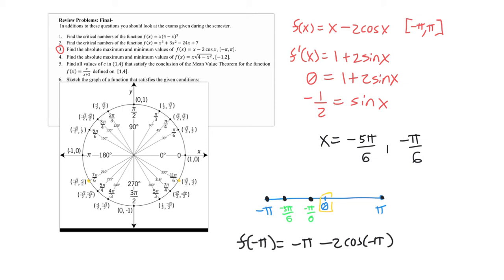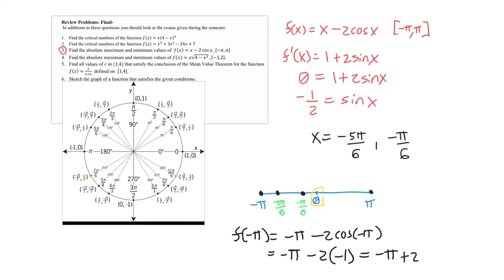And cosine of negative pi would be -1. So ultimately, that would become negative pi minus 2 times -1, and that equals negative pi plus 2. So that is that x value.